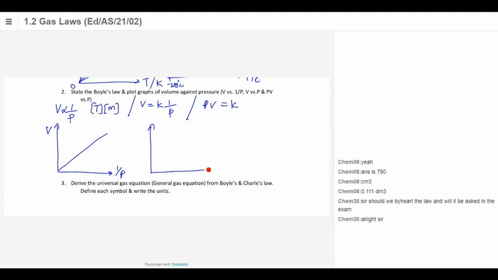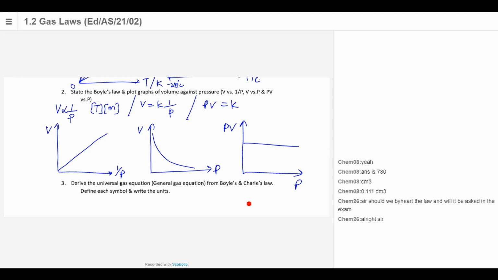Likewise, when you plot a graph of pressure versus volume, as the pressure increases, the volume decreases. So it will be like this. Then you have PV versus P. It will be a straight line because P times V will always be a constant.